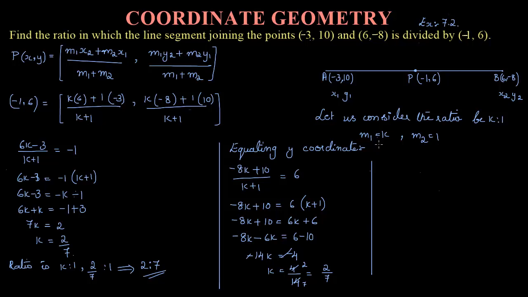Okay, so here also the ratio is k is to 1, therefore 2 by 7 is to 1. Then again whatever number is there in the denominator, you need to multiply here with 1, right? So you will get 2 is to 7, right? So this is the ratio you have got.